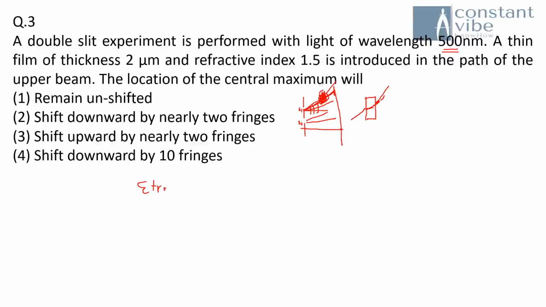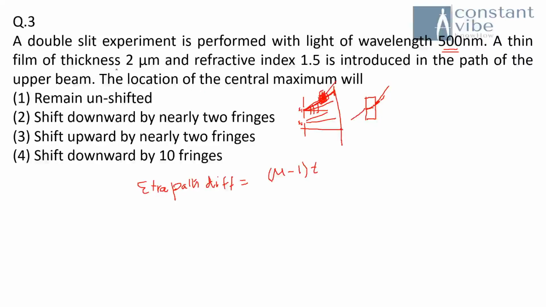So the extra path difference is equal to mu minus 1 into T. Here T is the thickness.